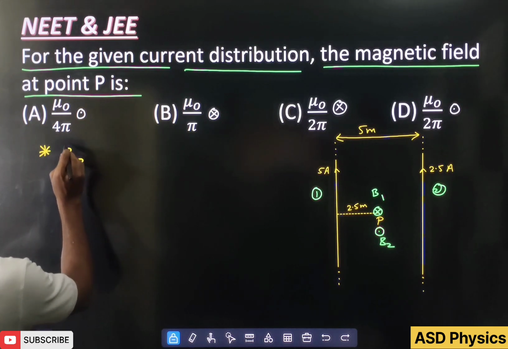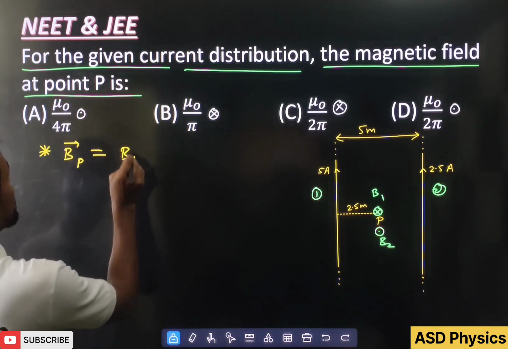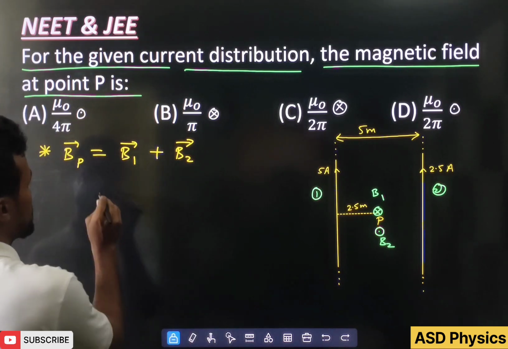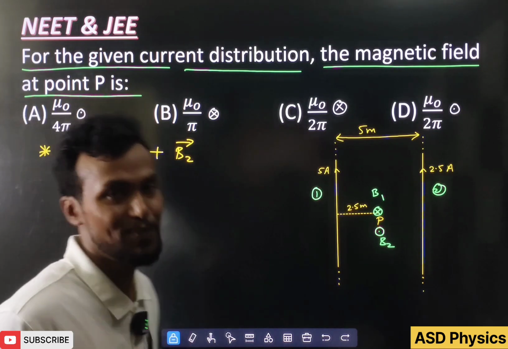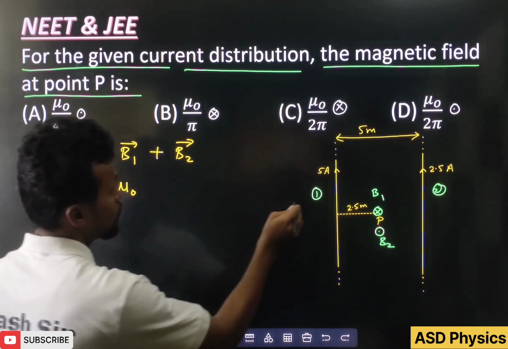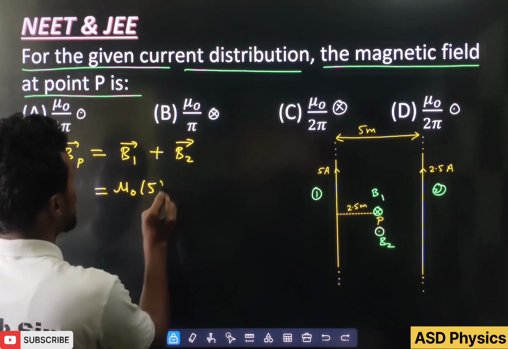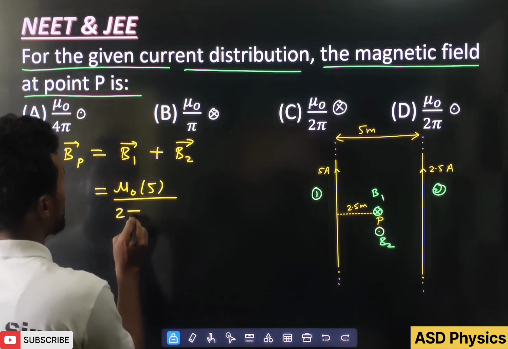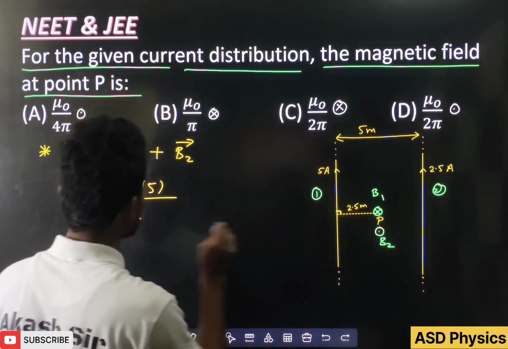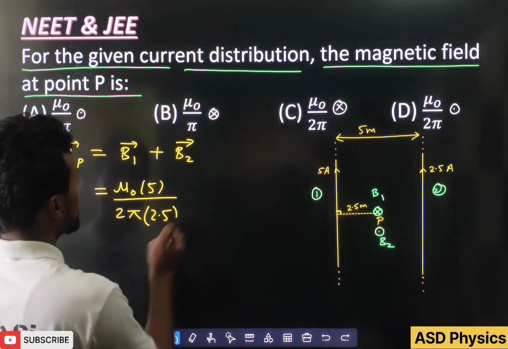So the magnetic field at point P is given by B1 plus B2. Infinite wire formula, mu naught I by 2 pi r. So we can write mu naught, and due to the first wire the current is how much here? 5 ampere. So mu naught I by 2 pi. R how much is given? This perpendicular distance is given here as 2.5.